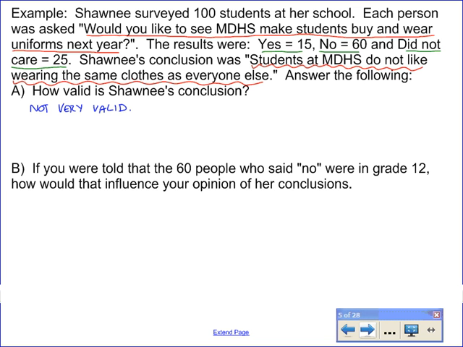Okay, what's a better conclusion here? It comes down to the wording, and that's why it's very important. I would say students at MDHS do not want to buy and wear uniforms.